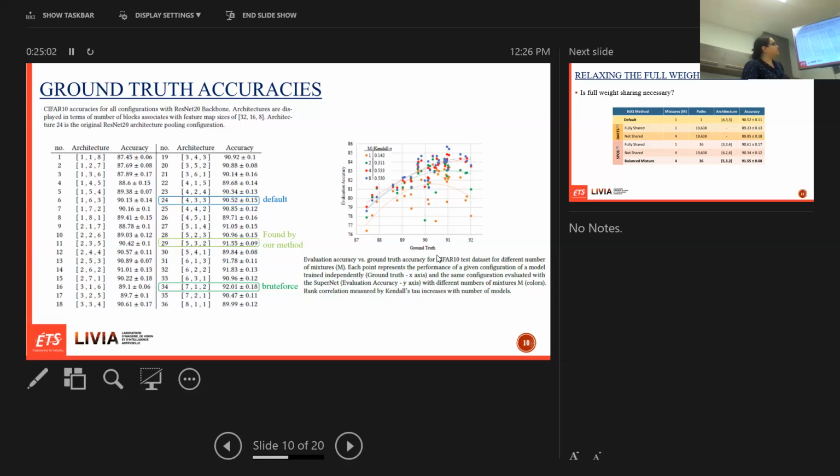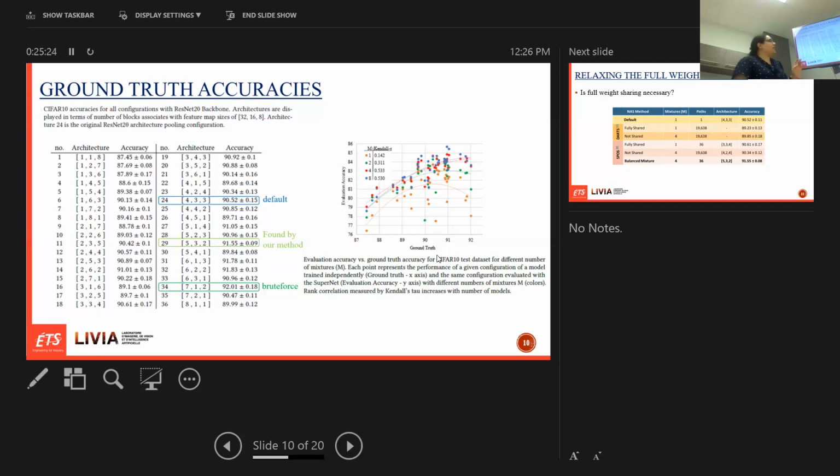We can see here that the default and the brute force are 1.5 points different, and the model that we find is around 1 point higher than the default ResNet architecture.